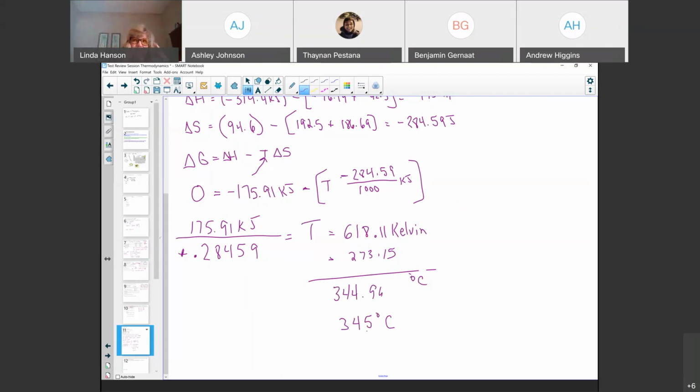Now that's the temperature at which it would be in equilibrium, right? When delta G is 0. To be non-spontaneous, it has to be any number lower than that.